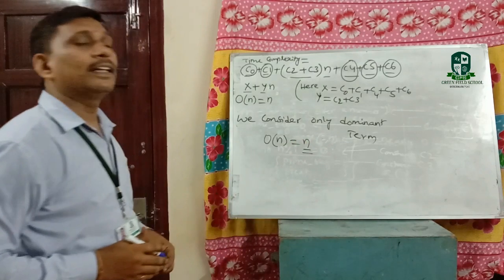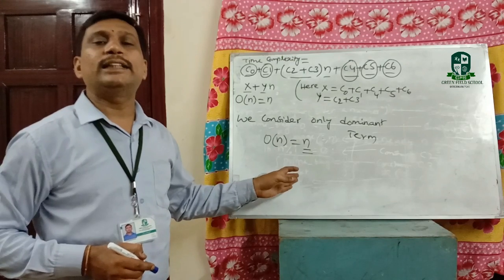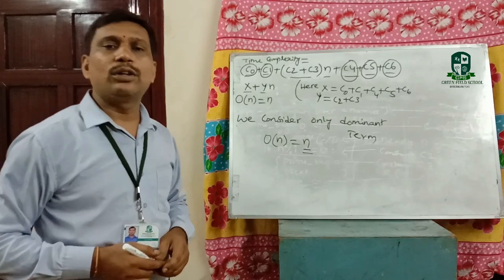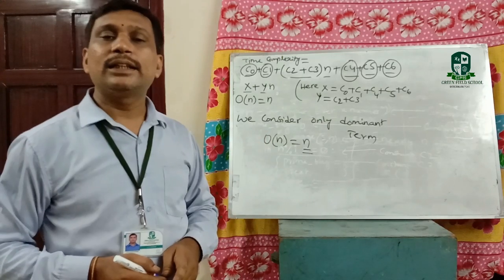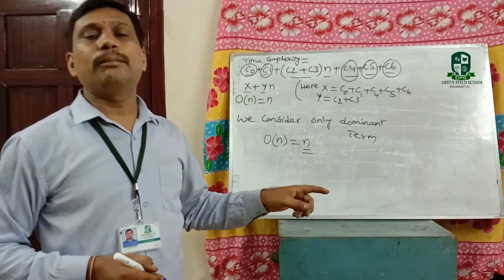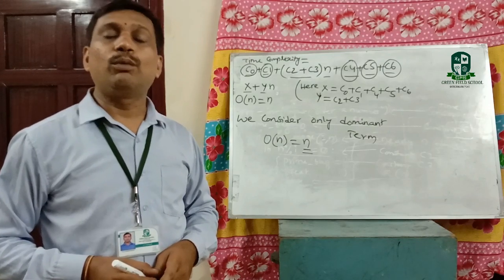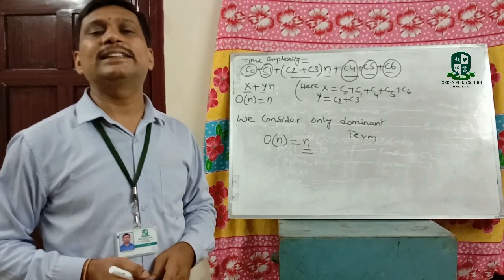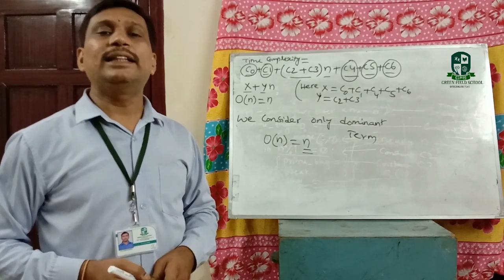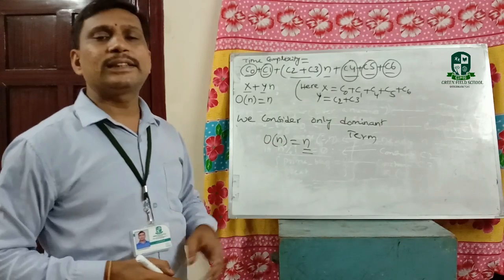The order of n is for this program to check whether the given number is prime or not by using the for loop. Here we calculate using the for loop whether the given number has more than 2 factors or not. If it has more than 2 factors, it is considered not a prime number. Otherwise it is considered a prime number. In this way we calculate time complexity using this logic.